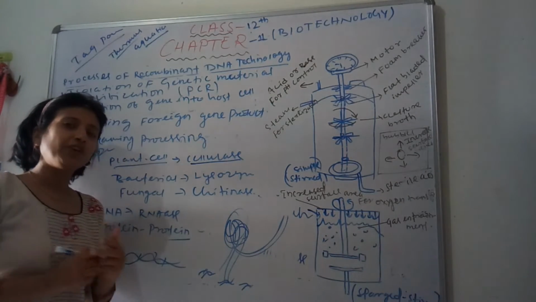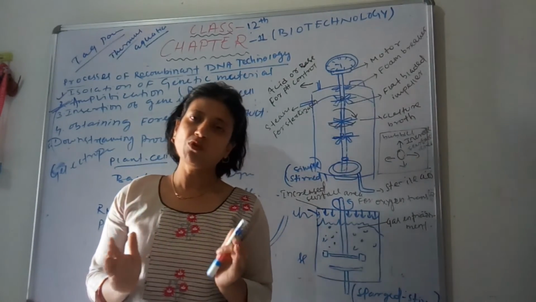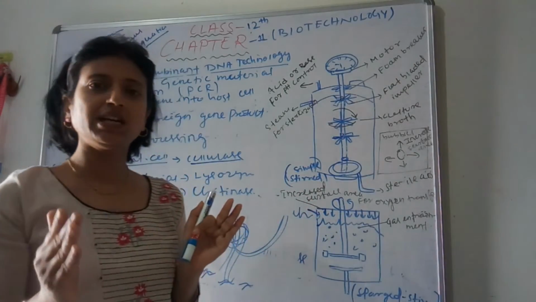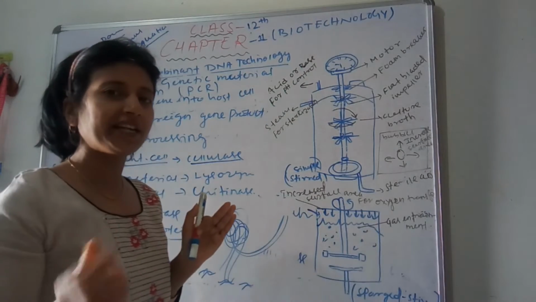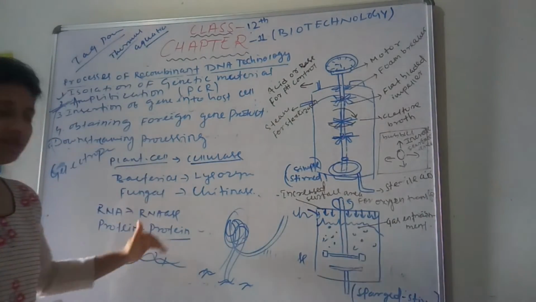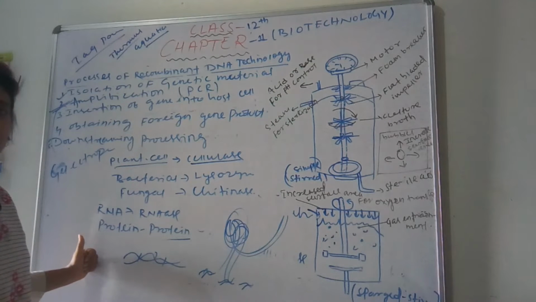Remember, the anode is the positively charged electrode. As we know, DNA is negatively charged, so DNA moves towards the anode. After that, to get the desirable piece of DNA, we can expose it to UV ray, and the visible orange bands are the desirable genes or gene of our interest.